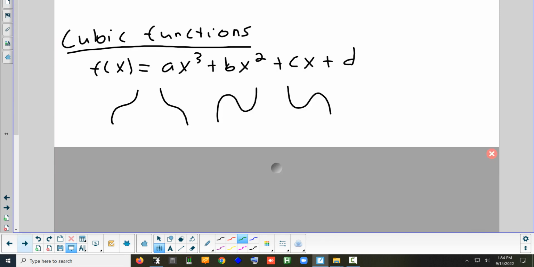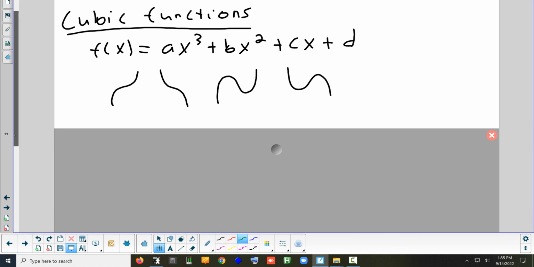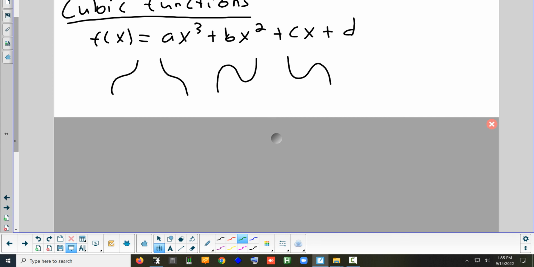So that's the general look of a cubic. One end goes up, the other end goes down. It might take a couple turns in the middle. It might not. Depends on the problem. Now, if you look at how many times the graph turns, you have 2 turns.